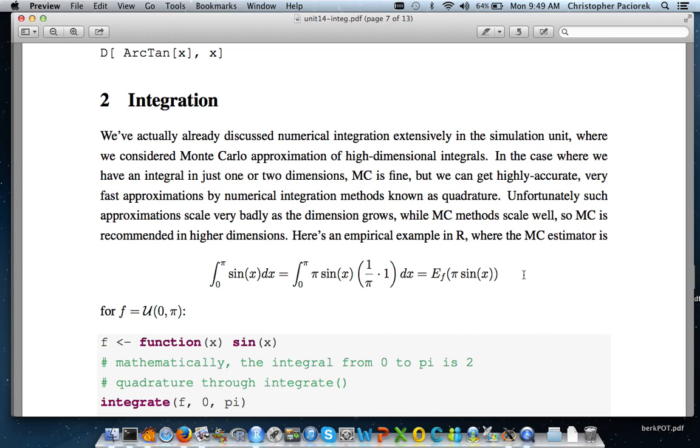That's just the integral of h of x, f of x, dx. So if I want to do a Monte Carlo estimate of this integral, I need to put it in a form that looks like this, where I have some density function on the right side. In this case, I could do that by saying, if I want to integrate from 0 to, is it pi, I guess? Yeah.